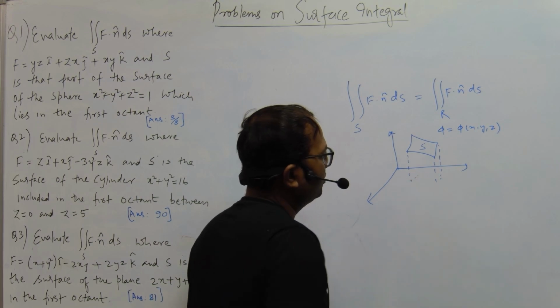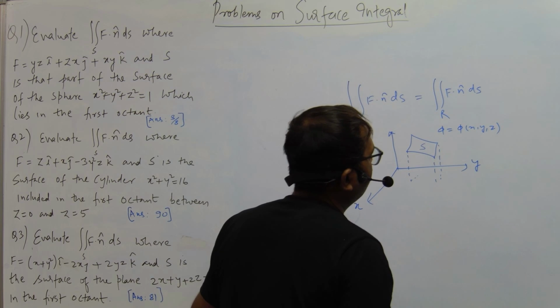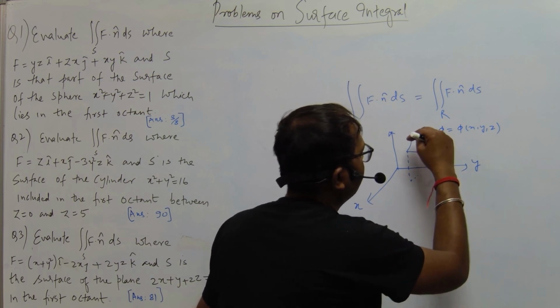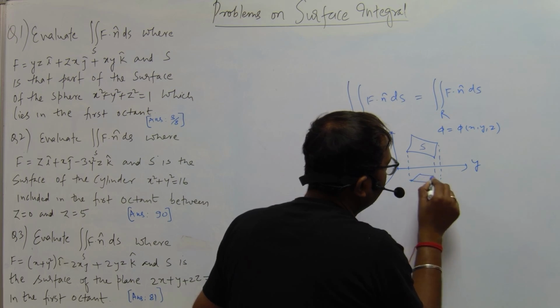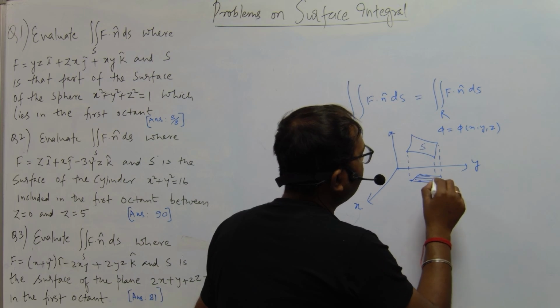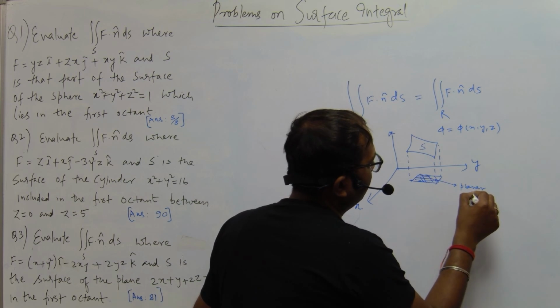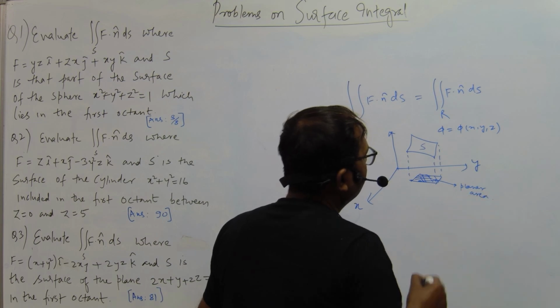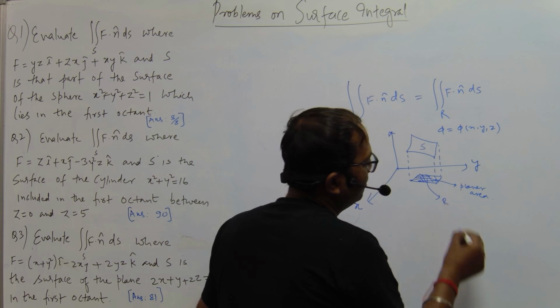Let us consider this as the xy plane. Let us suppose we are taking the projection of this surface S on the xy plane. Whenever we take a projection, the xy plane gives a planar area. Let us consider this as a region R.